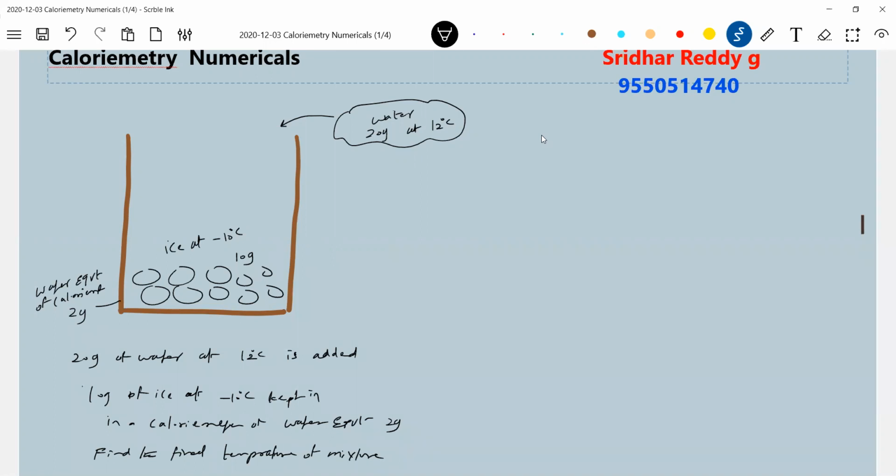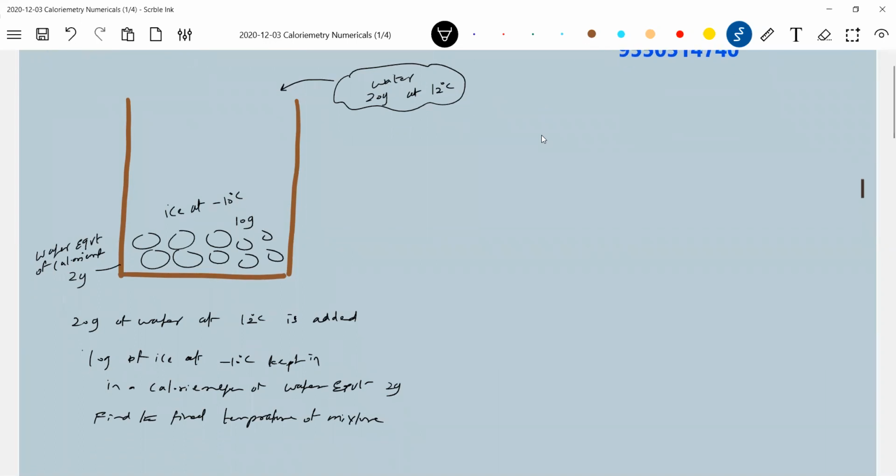So for that, I think we know the formula directly. We have to carefully analyze here. First, for the whole ice to melt, what is the heat required? First, from minus 10 to become 0, what is the heat required for ice? Q1 I'll call it.